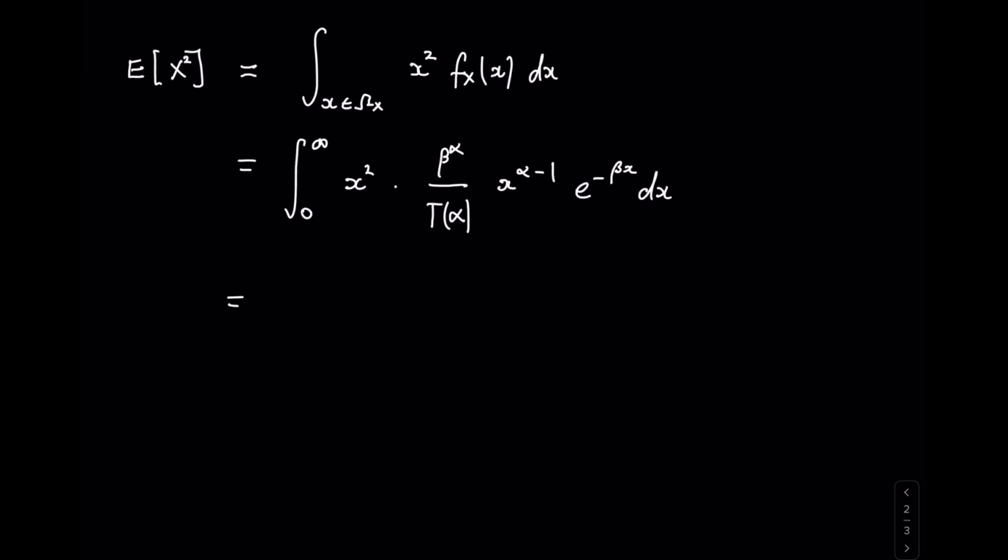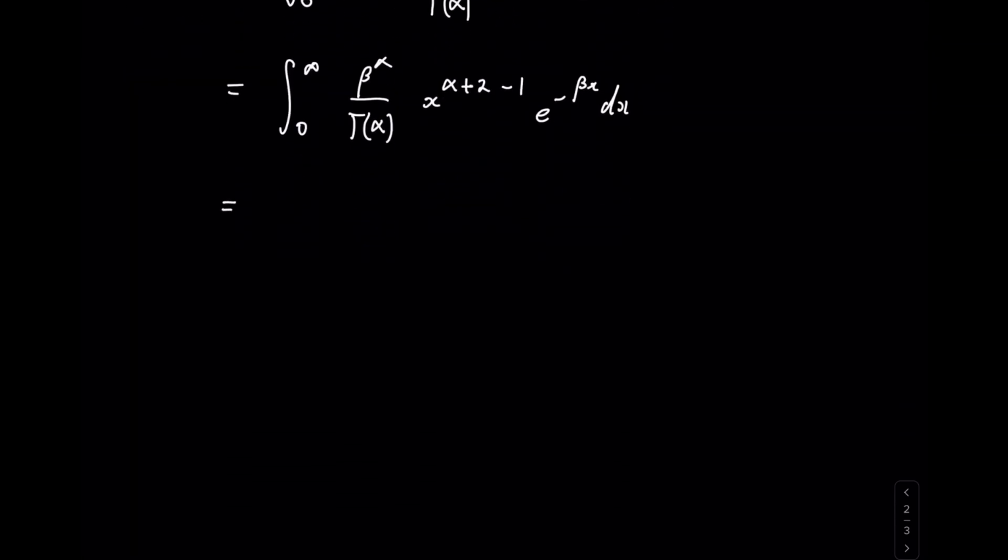And similarly, again, what we're going to do is combine the x squared and the x to the alpha minus 1. Then we've got 0 to infinity of beta to the alpha on gamma of alpha, x to the alpha plus 2 in this case minus 1, e to the negative beta x dx.